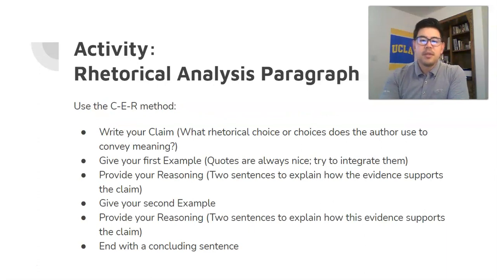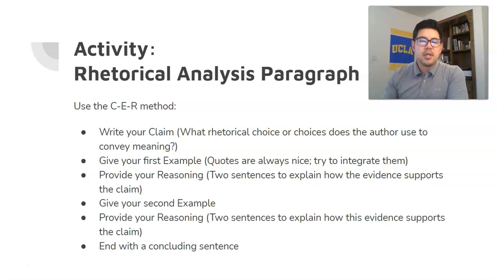Use the CER method where your topic sentence is your claim. Choose your rhetorical choice, and I know I said choices, but really choose one choice and give an example. And quotes are always great. And integrate the quote. You can say, as seen in paragraph 10, or insert it into your sentence, like, this can be seen when Tan writes blah blah blah.